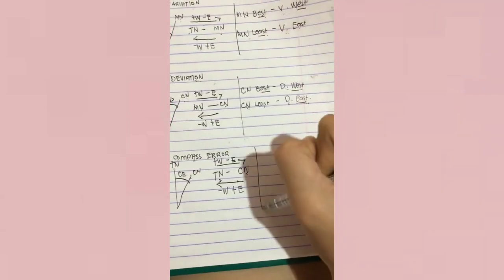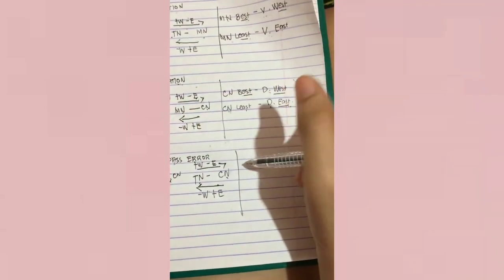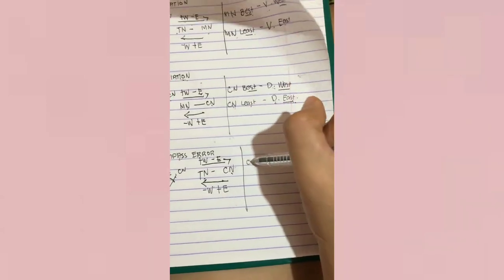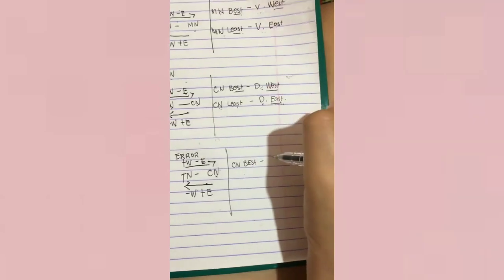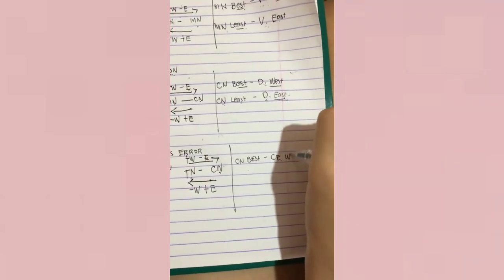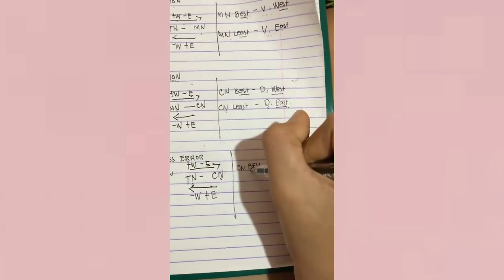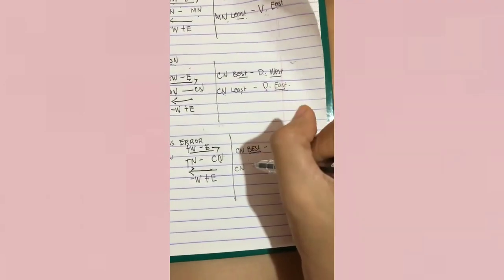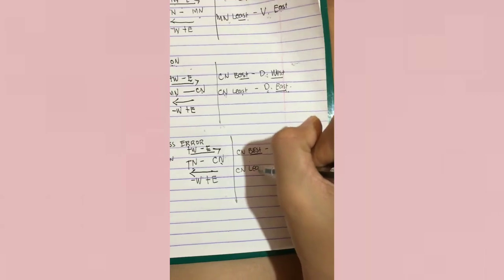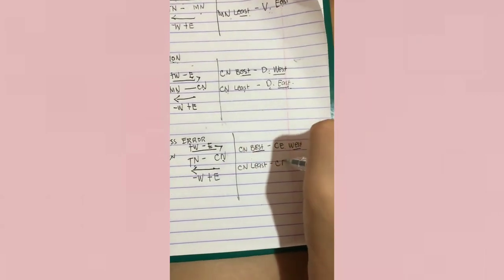So the second rule about the compass error, if our compass north is best, then our compass error is west. So if our compass north is east, then our compass error is east.